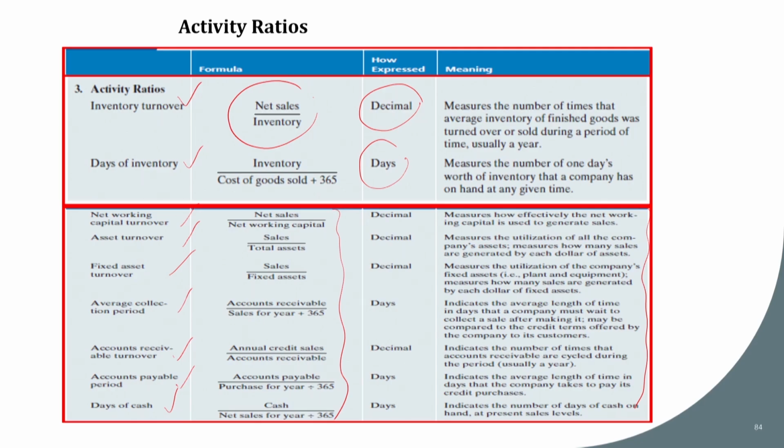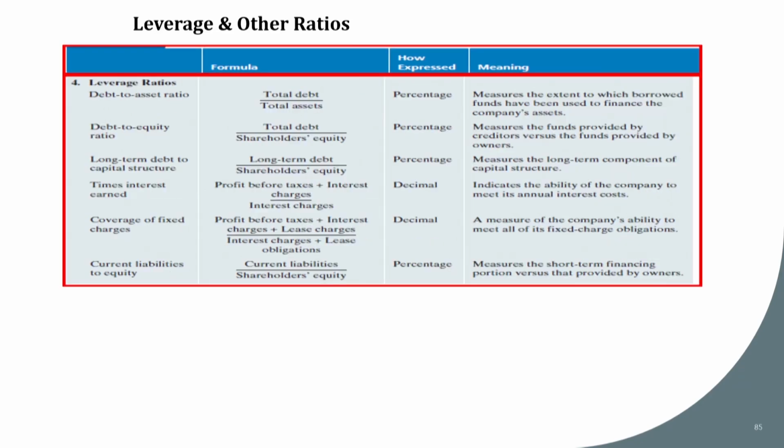And moving to the next ratios, that is the leverage ratios, as well as other ratios. So, here the leverage ratios measure reliance on debt, while market ratios show investor sentiment. Again, I have listed each of the ratios here: debt to equity ratio, long term debt to capital structure, times interest earned, coverage of fixed charges, and current liability to equity.